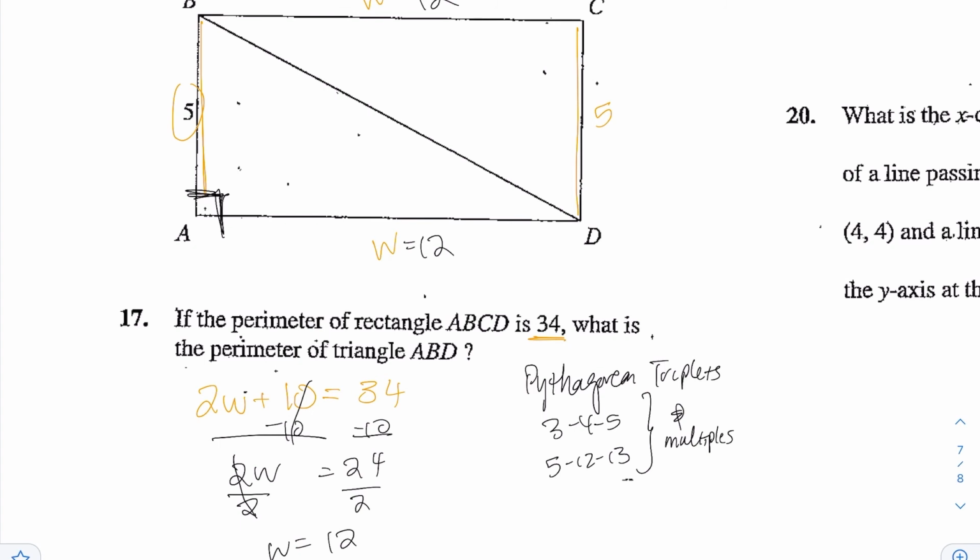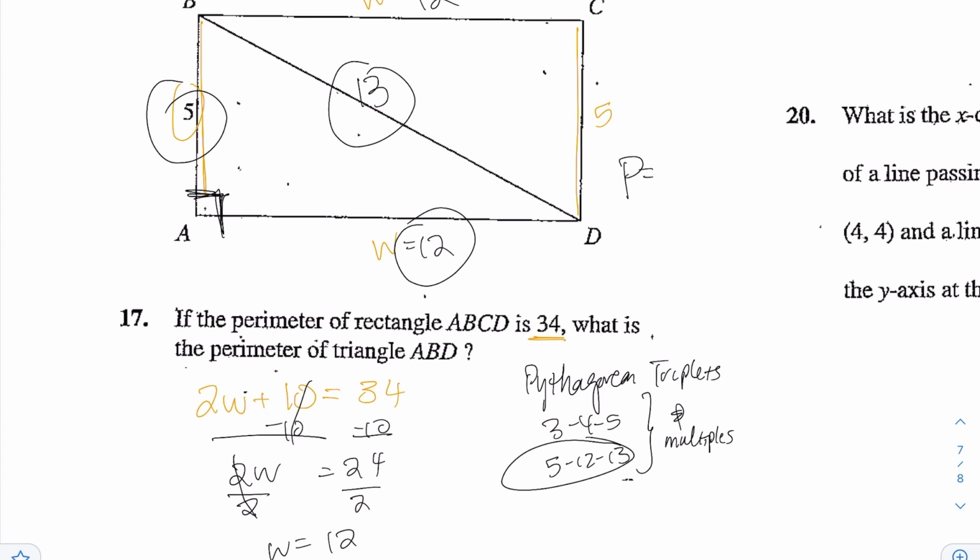Here we actually have a 5, 12, 13 special right triangle, so our hypotenuse is equal to 13. So you've got to add these three together to get the perimeter of the triangle. If you do 5 plus 13 plus 12, you get a perimeter of 30.